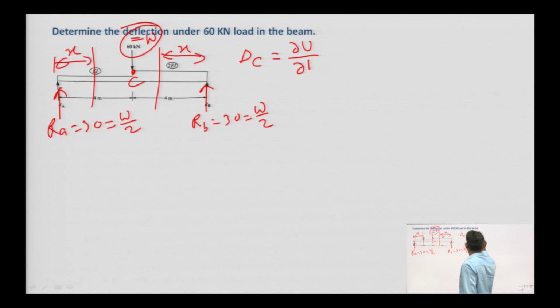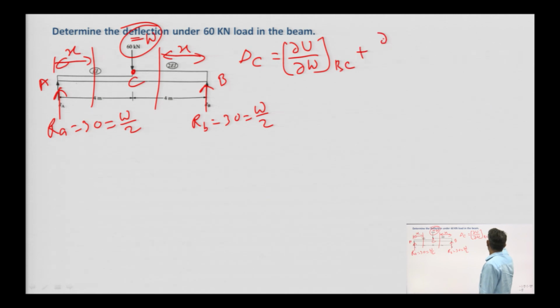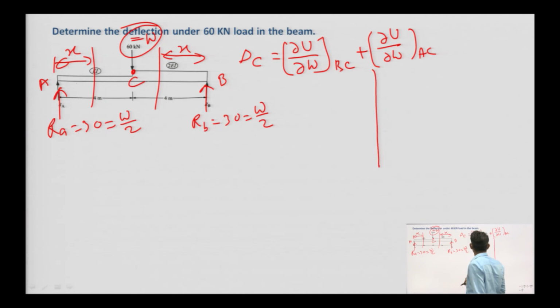Del u by del W for segment BC plus del u by del W for segment AC. Suppose this point is B and this point is A. The value of bending moment m x for BC is W by 2 into x. This is anti-clockwise, so if you are taking it as positive, take it as plus.